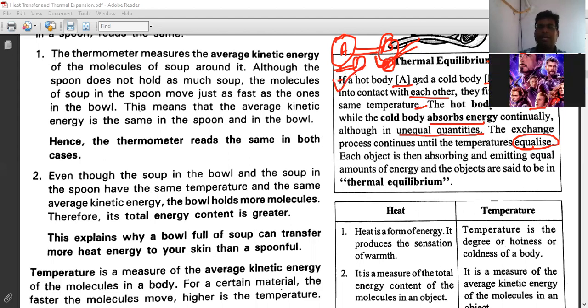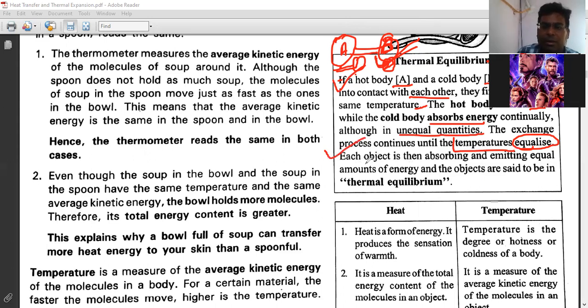When a hot body A and a cold body B are brought in contact with each other, due to the difference in temperature, heat will flow from A to B, right? Due to the unequal temperature, B will absorb heat until it reaches the temperature of A. When there is no net flow of heat from A to B, that is called thermal equilibrium.